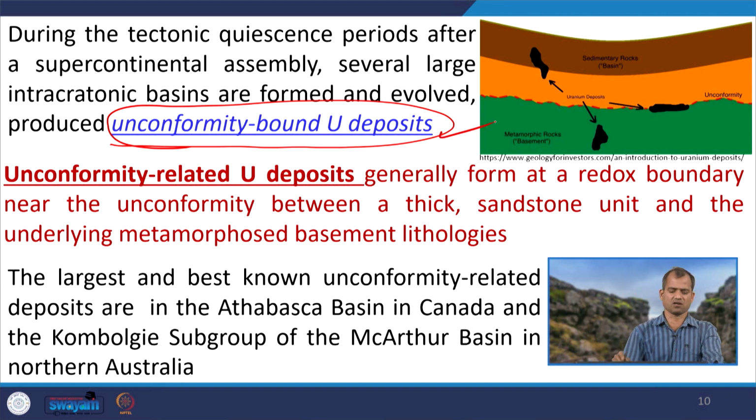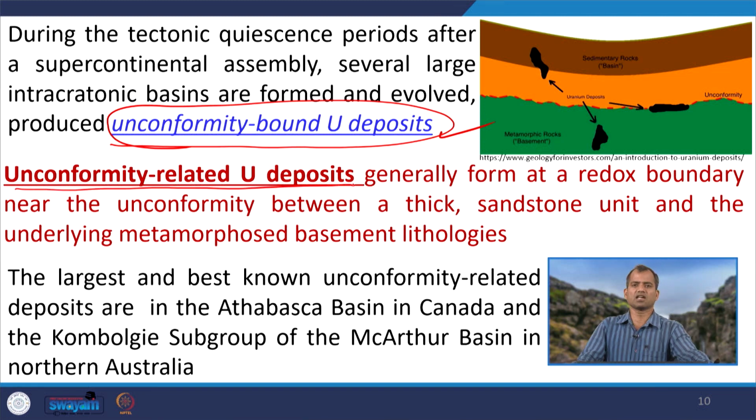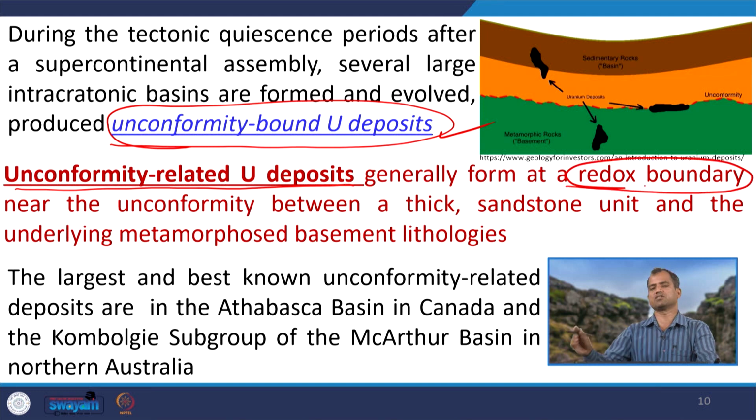It is very important. Unconformity related uranium deposits generally form at the redox boundary near the unconformity between a thick sandstone unit and the underlying metamorphosed basement lithologies. Now, you see, a redox boundary is required. If it is fully oxidized, uranium deposit will not occur.